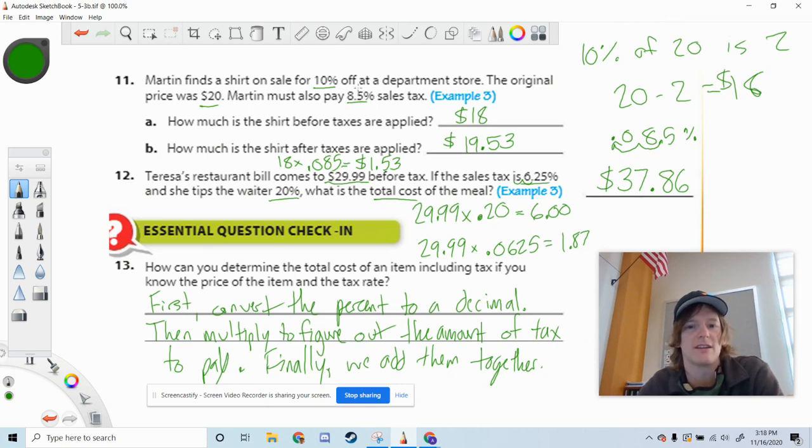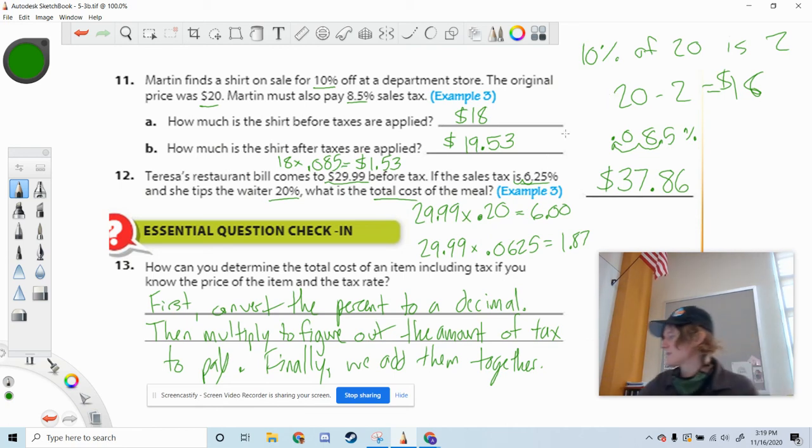I didn't do 108.5% on number 11, or the ones before that. I didn't do the second method. I did the first one where we figure out this part and then add it or subtract it from the original amount. There's many ways to solve these problems. Essentially, though, if you can figure out percentages of numbers, you can pretty much figure anything out.